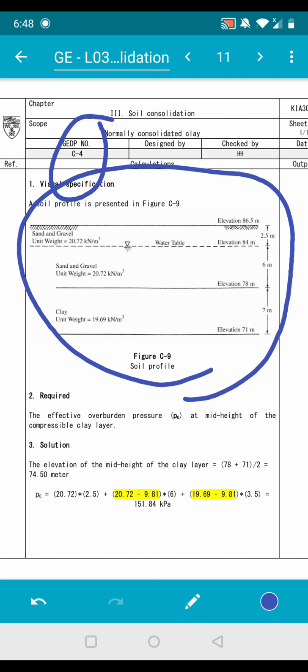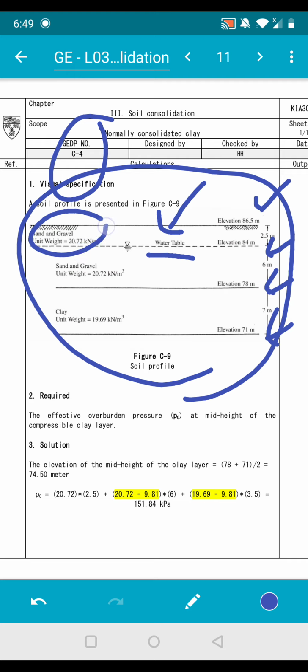So you have your ground layer on top here at the elevation of 86.5 meter and a water table 2.5 meter below the ground level. And please note all the elevation levels for each of the layers. Okay, so you have sand and gravel on top, a second layer, again sand and gravel, and then the clay.